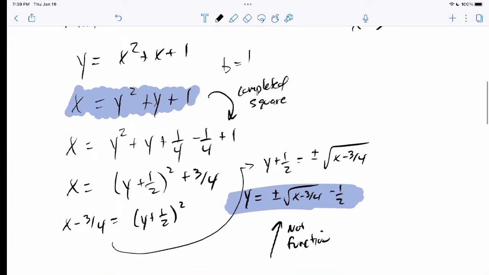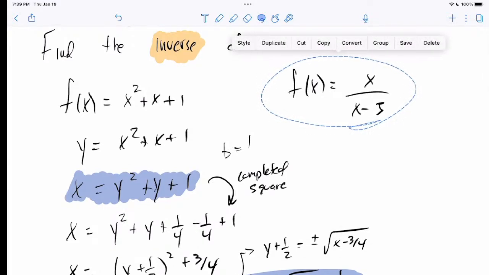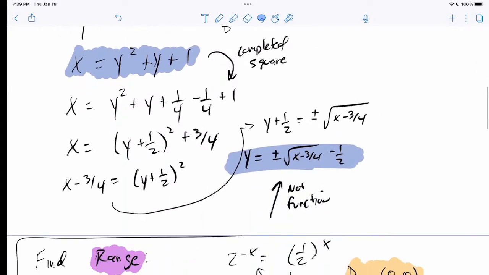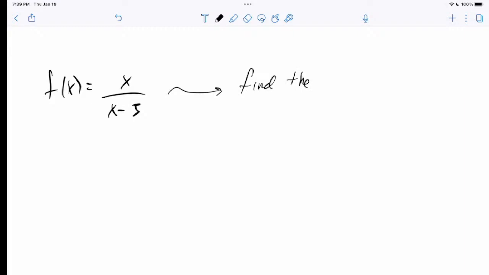Okay. I didn't get to this one, and I definitely need more room for it, so I'll put it right here. In this situation, they want us to find the inverse of this one.